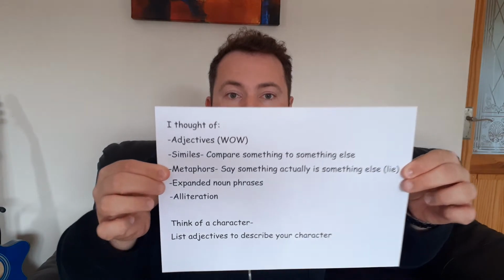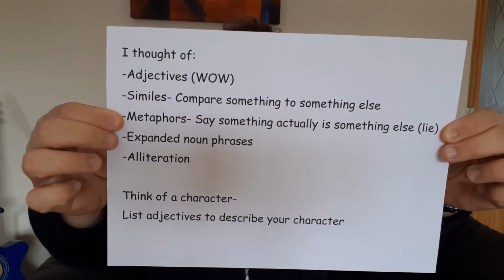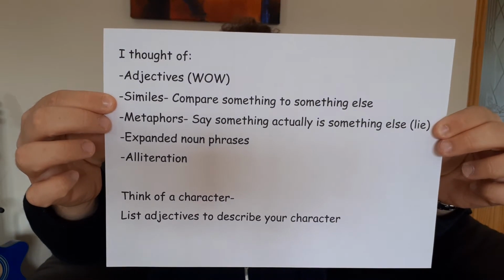So the next thing I've got, again, you can't see this yet, so I'm going to lift it up. Hopefully you can see that now. I've also got similes jotted down here. Now similes compare something to something else. We've done this already. You should all know what similes, metaphors, and alliteration are.